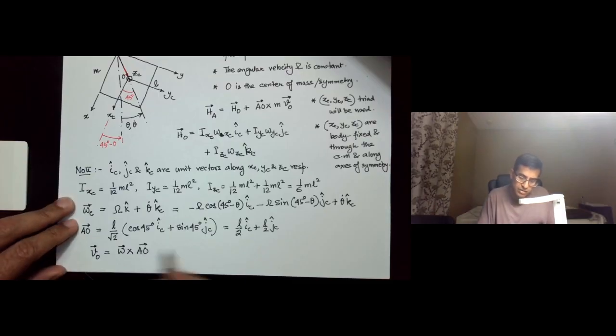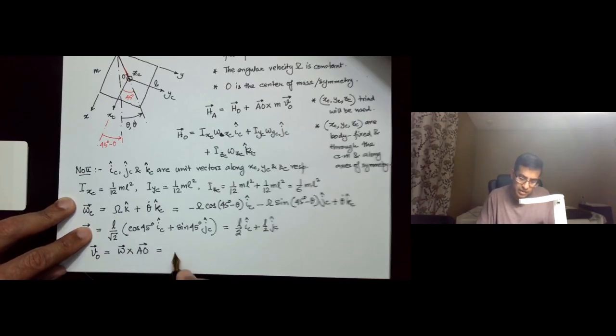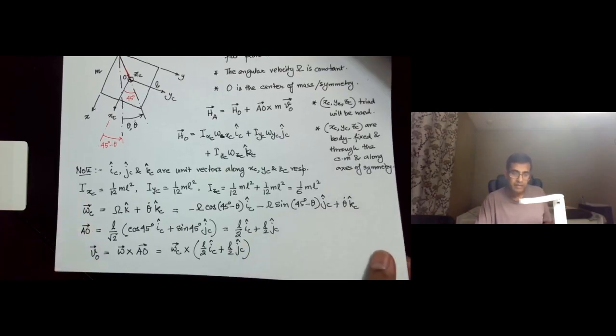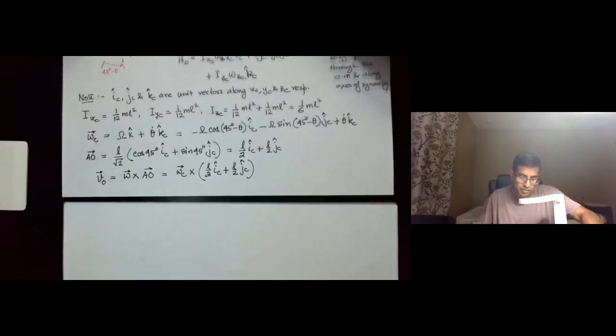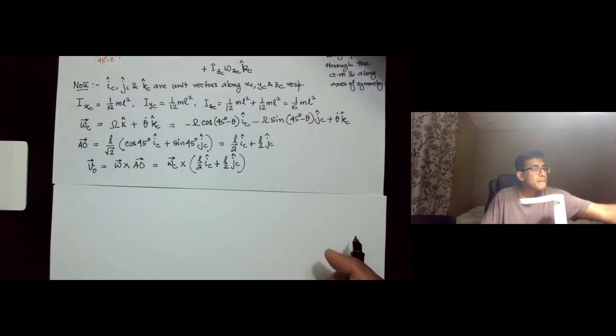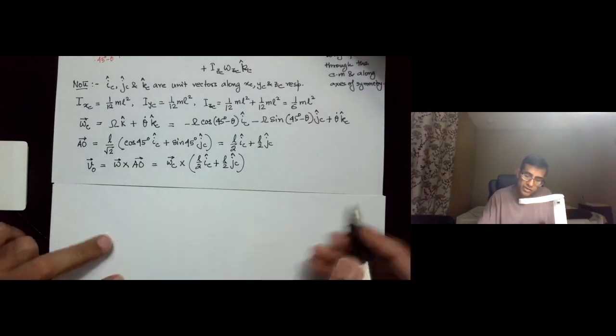So essentially this is omega C cross L over 2 IC plus L over 2 JC. All right. So next what we do is carry out these cross products.